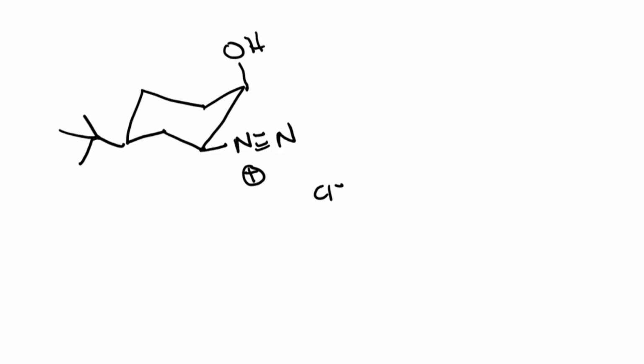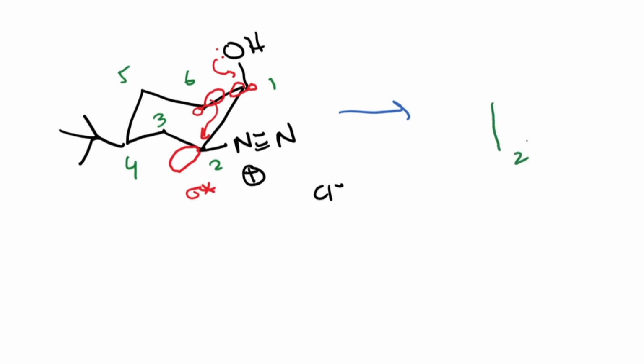Again, the important concept here is the sigma star orbital, and again this is aligned in such a way that this is going to come here, and the lone pair is going to assist. Let's keep the numbering the same. So this is 1, 2, 3, 4, 5, and 6. There's a bond formed between carbon 2 and carbon 6, and the rest of the molecule remains the same.